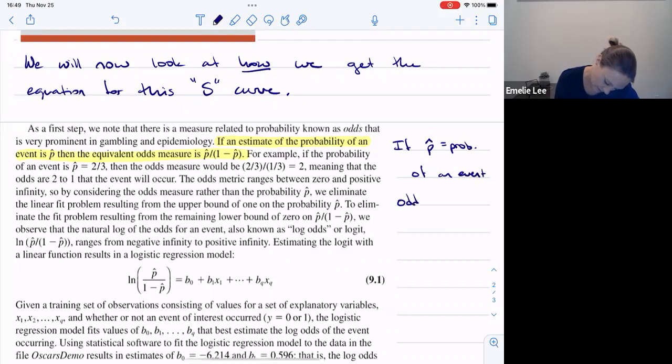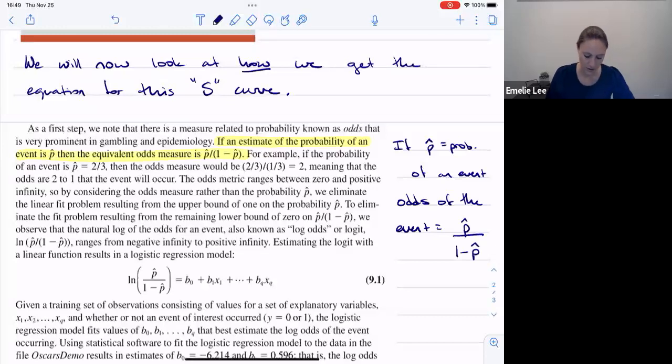What's this saying? p hat is the probability of the event happening. We know that. We just established that. But 1 minus p hat is the probability of the event not happening, right? So it's a ratio of the probability of things happening over the probability that they won't happen. So odds are not probabilities, they're related, right?